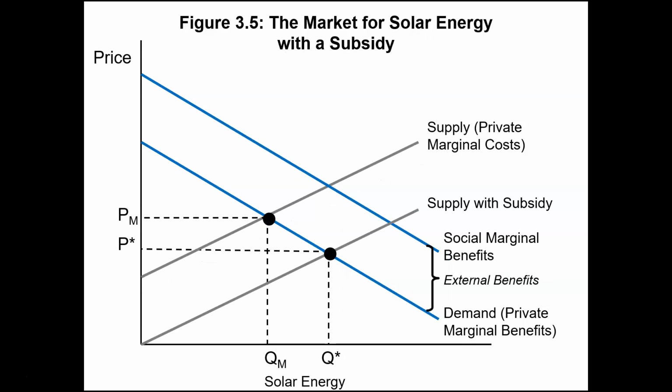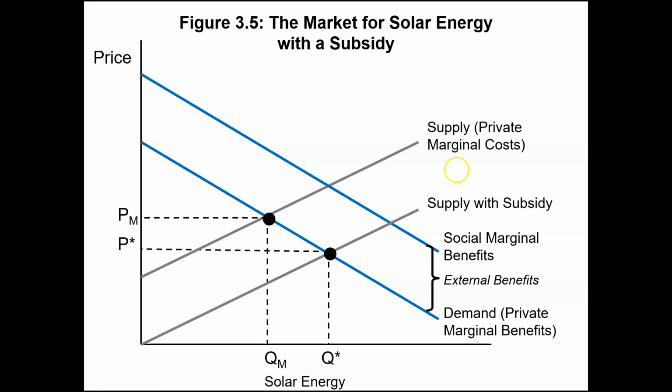So how do we fix that? Well, we do the opposite of a tax, and that's a subsidy. So if the government with some policy could subsidize the use of solar energy, or in other words, pay me to use solar energy, then we end up shifting the private demand curve up toward the social demand curve.